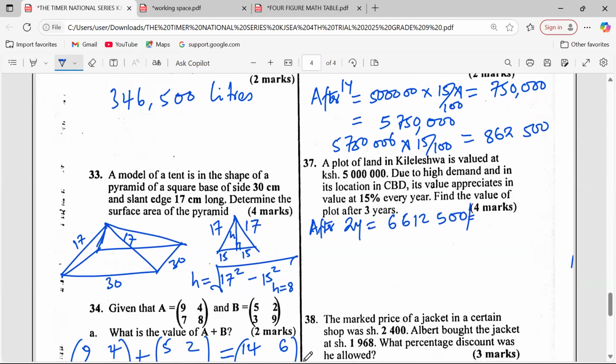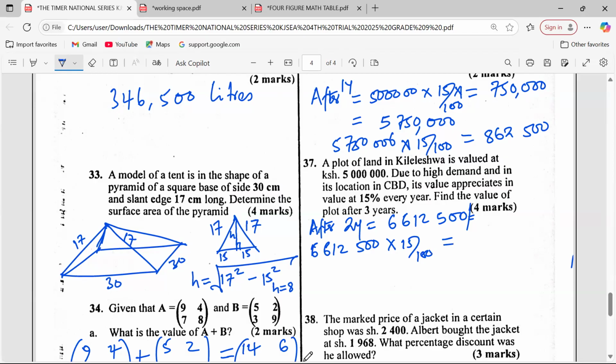That way. So by the time we are ending the second year, this plot in Kileleshwa CBD is going to be valued at 6,612,500 Kenya shillings. Then this is the value which will again be appreciating at the rate of 15%.